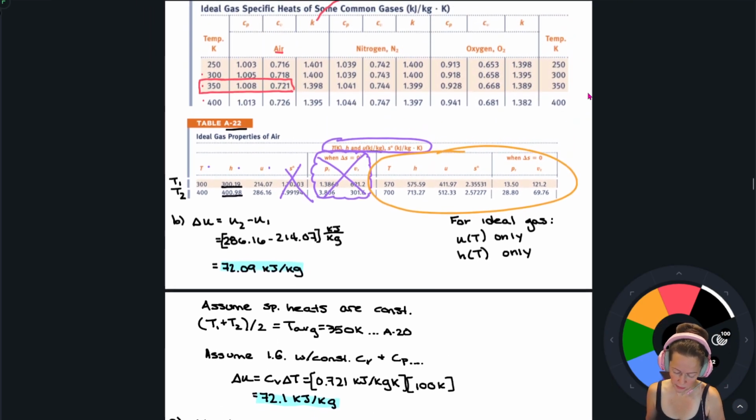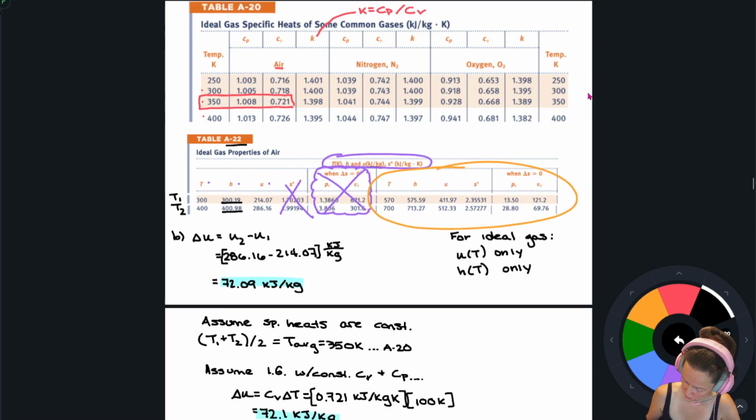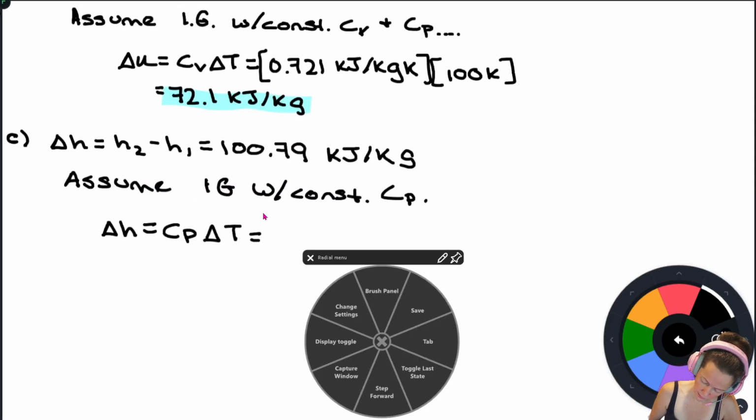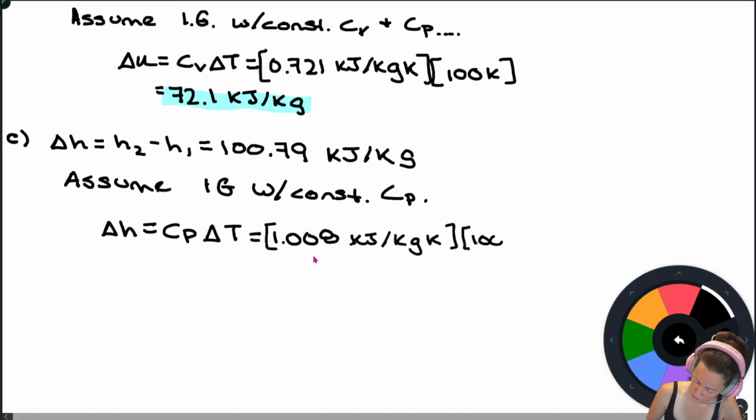I'm going to use the CP at the average temperature, this guy right here. So it's going to be 1.008 kilojoules per kilogram K times our delta T, which again is also 100 Kelvin.